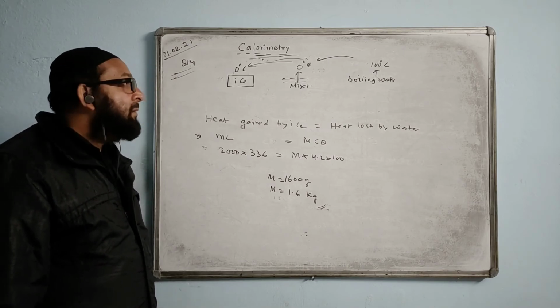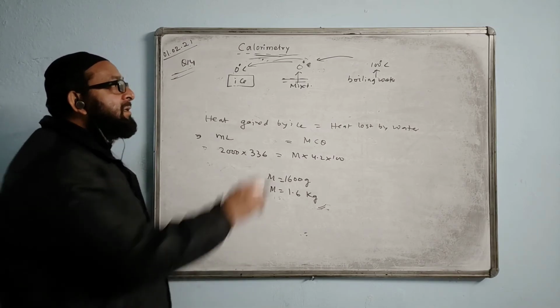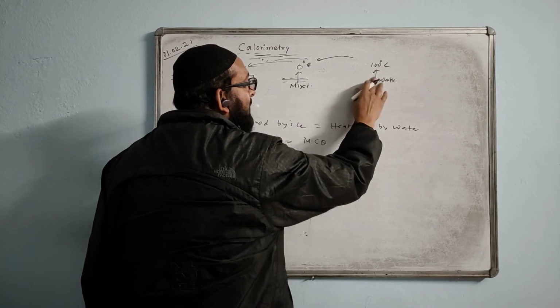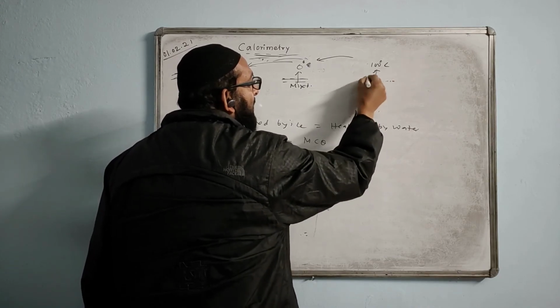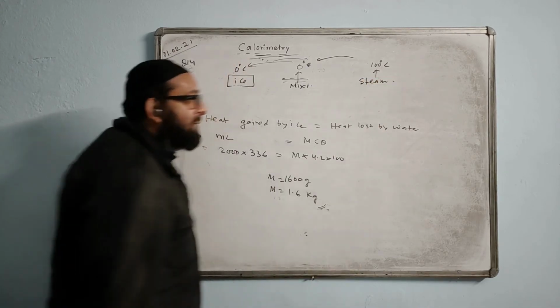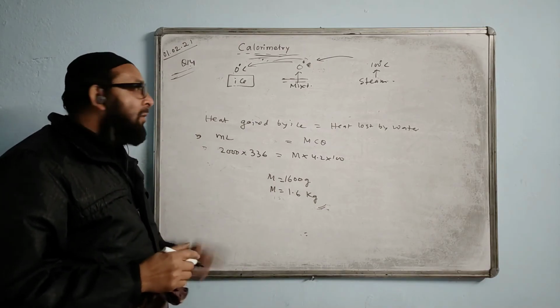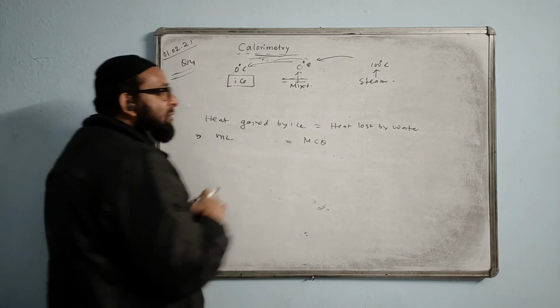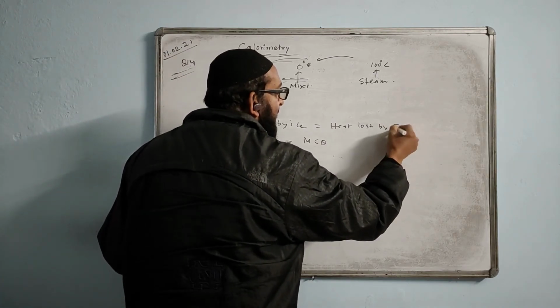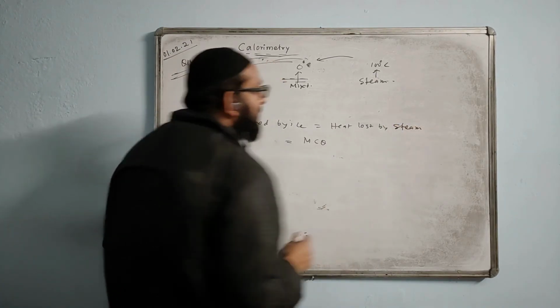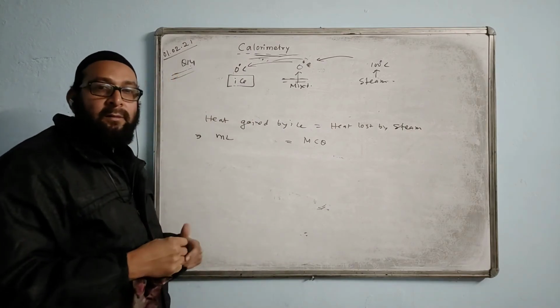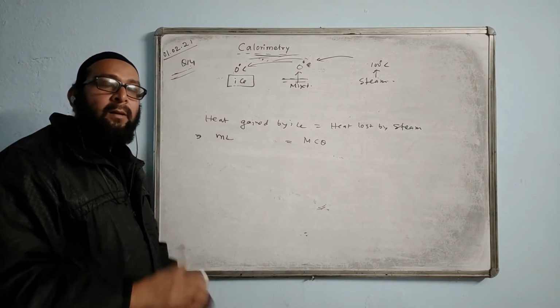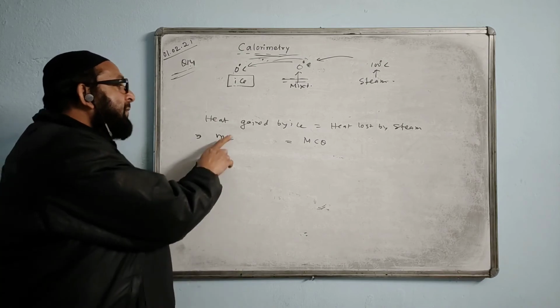That is it. By chance, instead of boiling water, if they say steam here, what could be the way of doing it? Tell me. If it is steam, what will you do? How do you write the equation now? Heat gained by ice is equal to heat lost by steam. We write it here because steam is losing it. How will you take it? What step will come here?